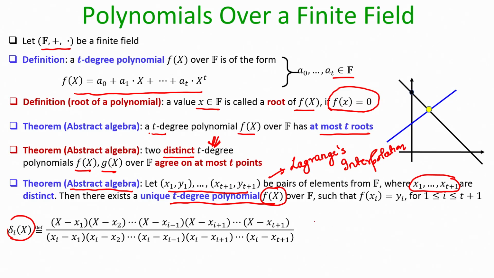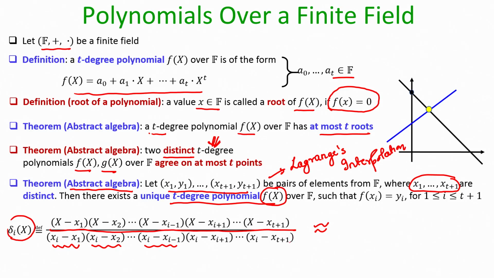Okay. So, since this whole polynomial is over a field, do not interpret this division as numerical division or integer division. The interpretation of this division is the following. In the denominator I have the terms xi minus x1, xi minus x2, xi minus xi minus 1 and so on. All these are elements from the field, and if I take the differences here, they will be elements of the field. So, in the denominator I have the product of several field elements.